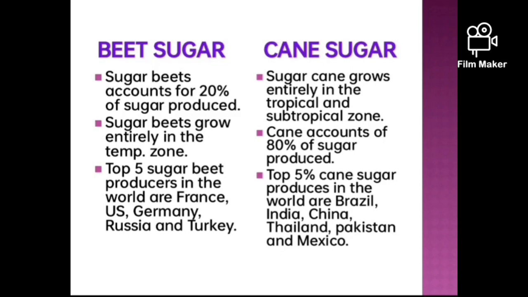Sugar beets grow entirely in the temperate zone, whereas cane accounts for 80% of sugar produced. Last point is the top 5 sugar beet producers in the world are France, US, Germany, Russia, and Turkey, whereas top cane sugar producers in the world are Brazil, India, China, Thailand, Pakistan, and Mexico.